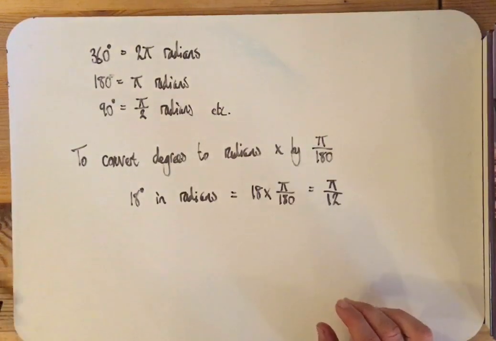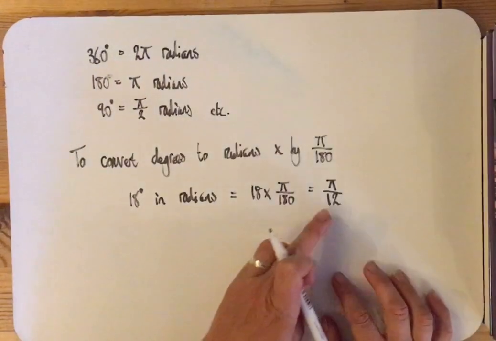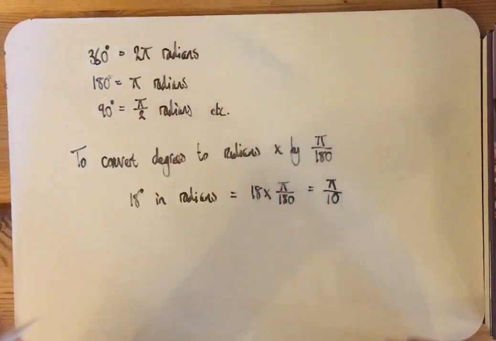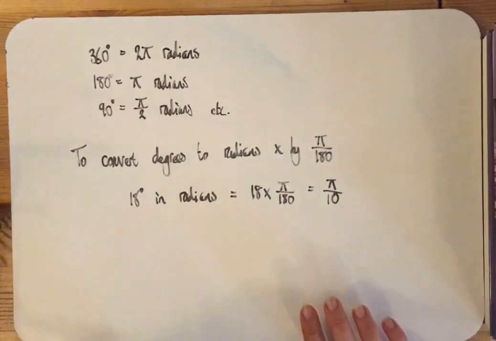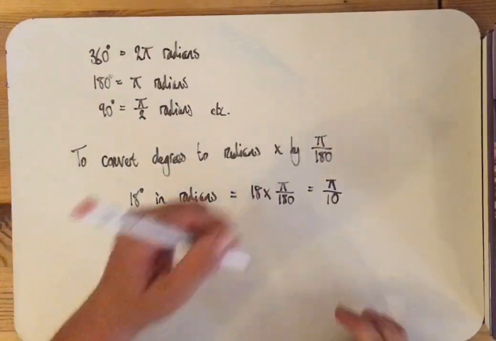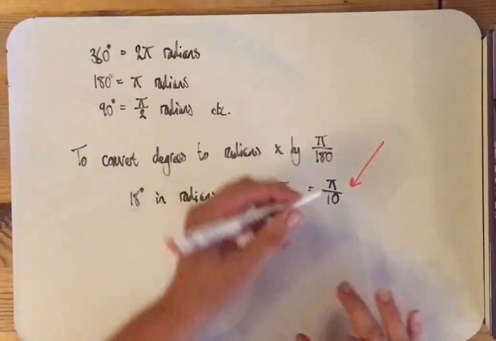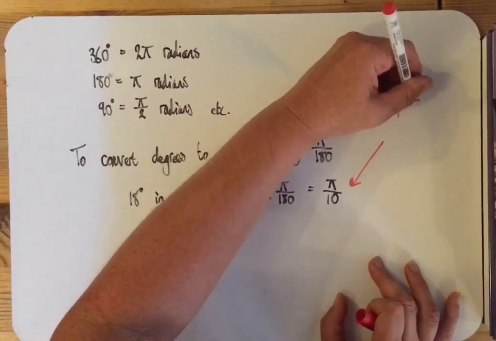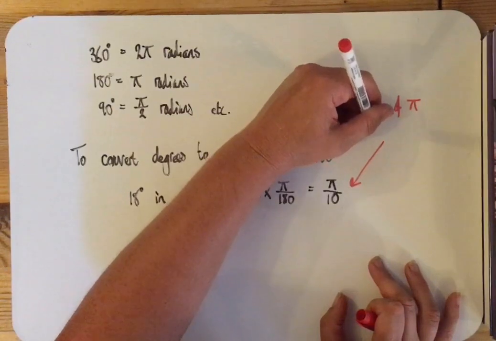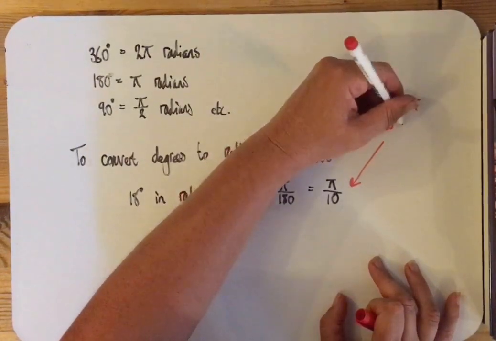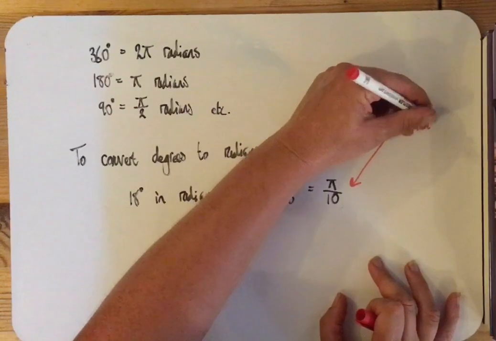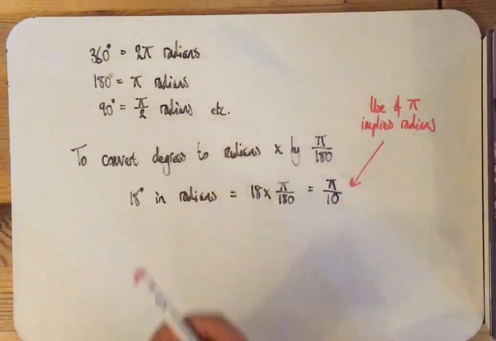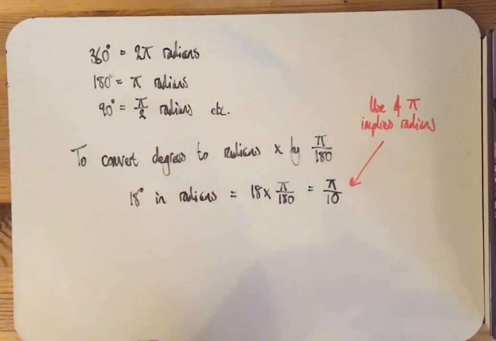It's pi by 10, isn't it? Oh, it's because I've got 15 written there and I've got 18 written here. I was starting to doubt my adding up quite drastically there. So that's pi by 10. And when you see an angle with pi in it, then you can assume it's in radians. So use of pi implies radians. So that's why you don't need to do this little symbol with a c, because you know it's radians because it's got a pi in it.